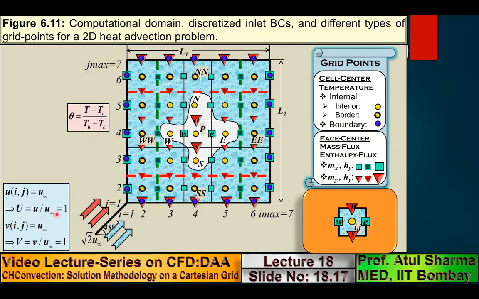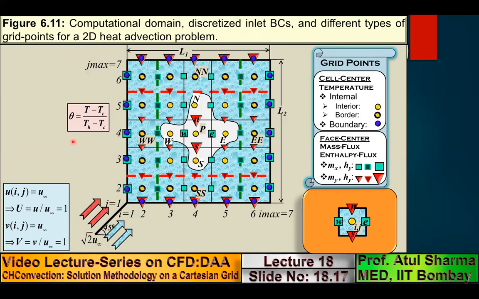This is the uniform velocity that has been prescribed. We are defining a non-dimensional velocity u by u infinity, and at the inlet this is equal to 1. Note that the flow is inclined at an angle of 45 degrees, and here note that its magnitude is √2 times u infinity.